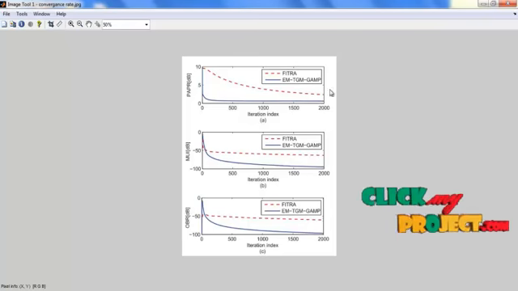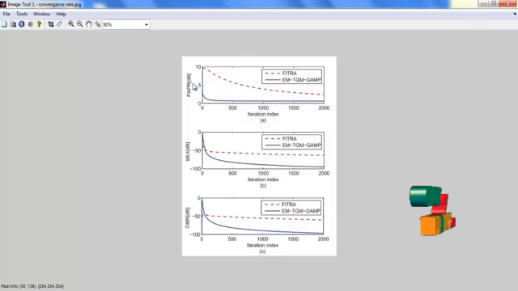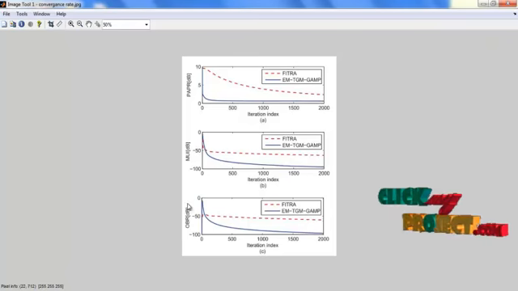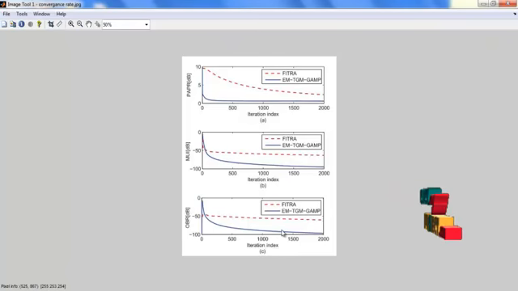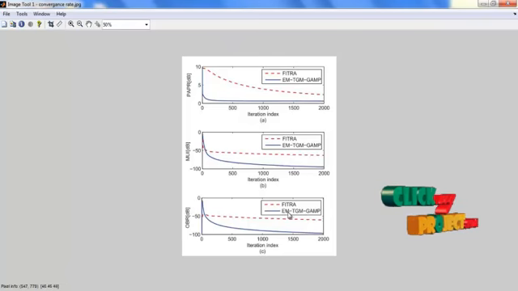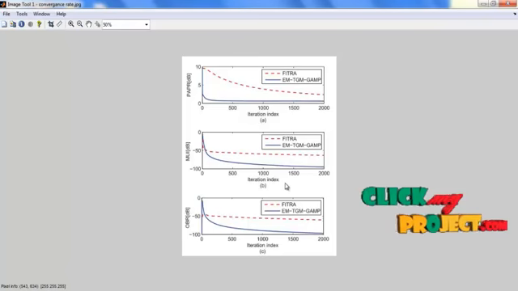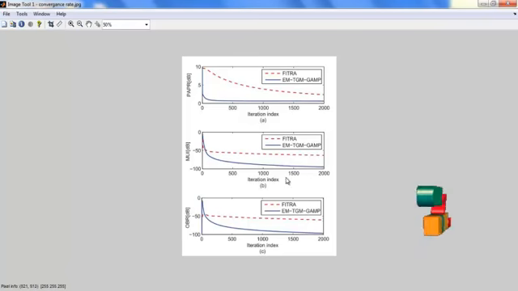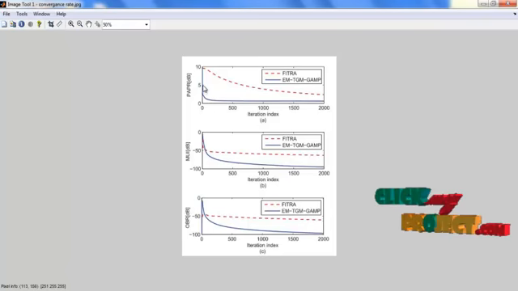Now we have considered the values of PAPR, multi-user interference, and OBR for different iteration indexes. We have considered the FITRA algorithm and our EM, TGM, GAMP proposed model. As the iteration index increases, our value in the PAPR graph continuously reduces, the MUI continuously reduces, and in the OBR system it continuously reduces.